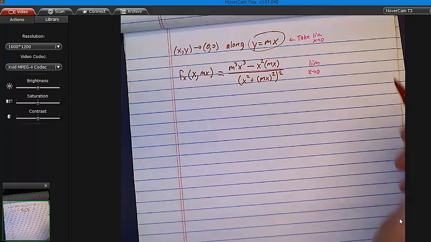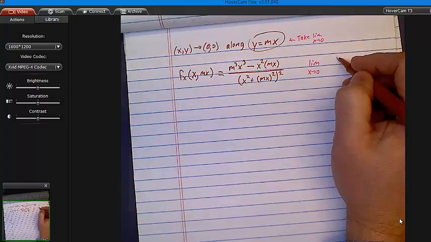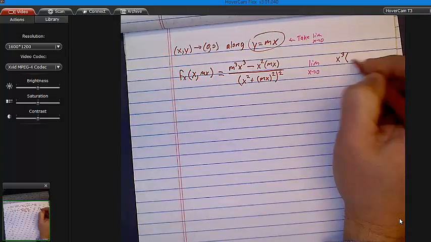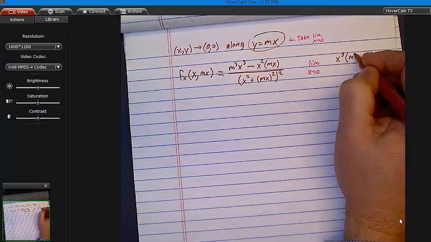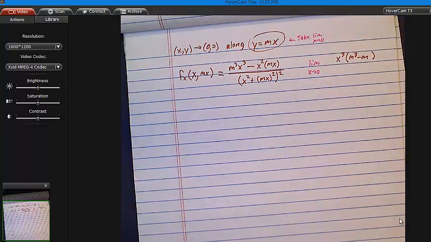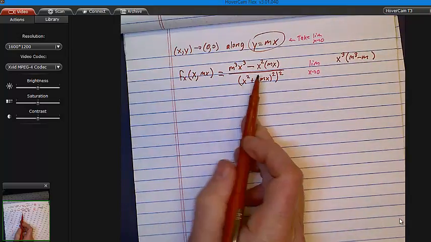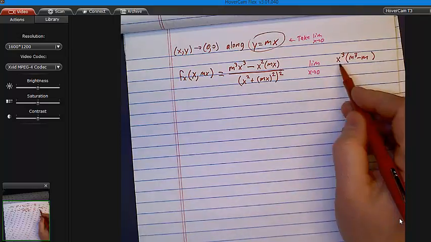In the numerator, I want to point out that we have an x cubed times m cubed minus m, because there's x squared and x, so the x cubed comes out. You guys with me?